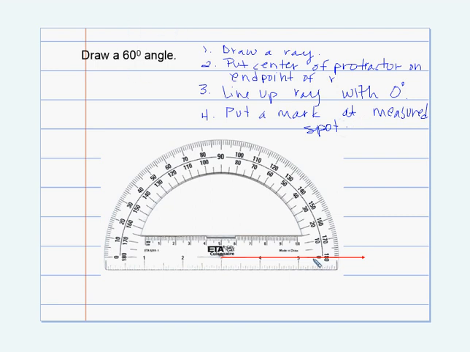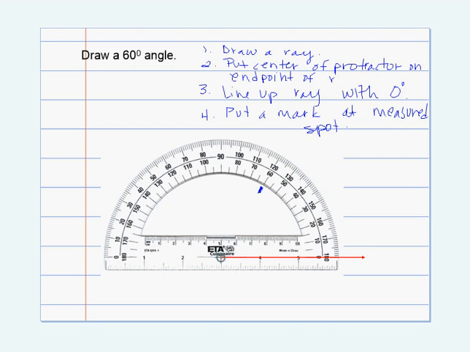So I start at 0, go up, up, up, and then I'm going to make a mark at 60 right there. Okay, now remember, 60 degrees would be an acute angle. So does this look like it'll be an acute angle? Yep. So I'm doing okay.